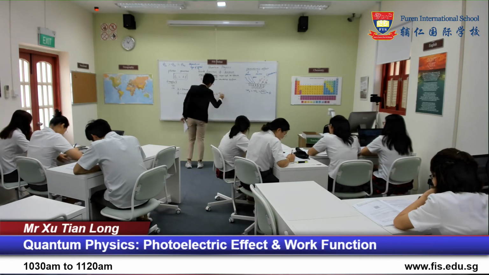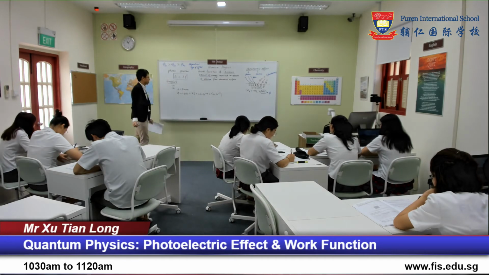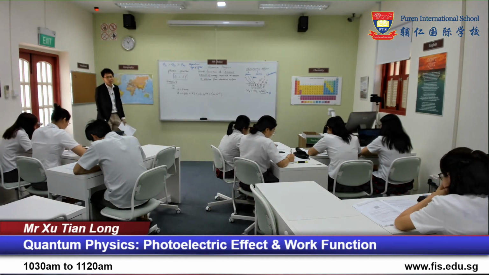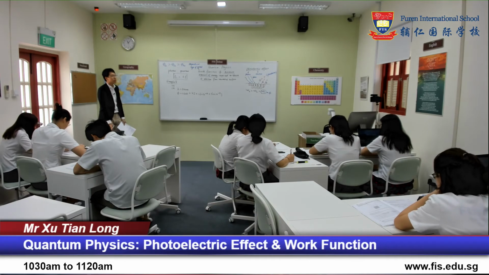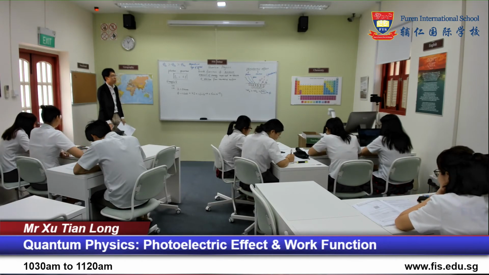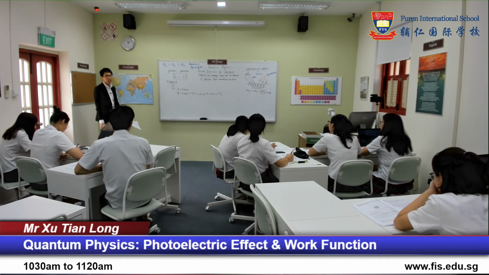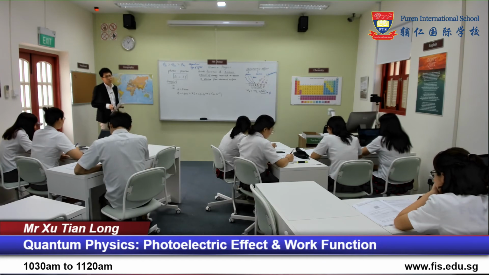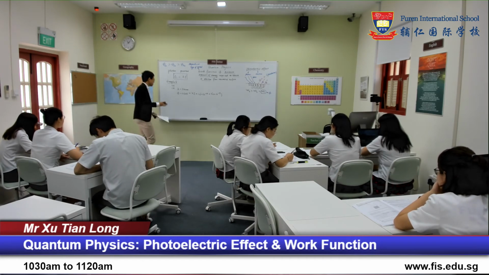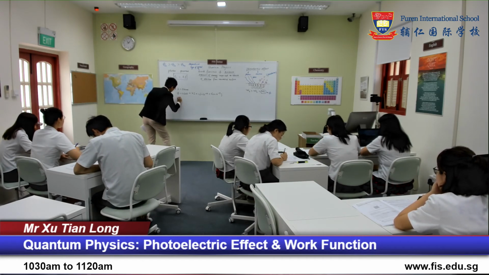Very good. The next, what shall we do? E equals hc over lambda to find the energy of a photon. We need to find the energy of the photon, so E equals hc over lambda.